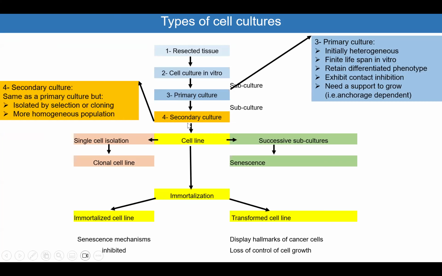And then if you infect them with a virus that gives them an overexpression of the large T antigen from the simian virus SV40, then these cells will be transformed. They will become immortalized. 2 weeks after that, most probably the cells will be 100% immortalized and they will become like a cell line.